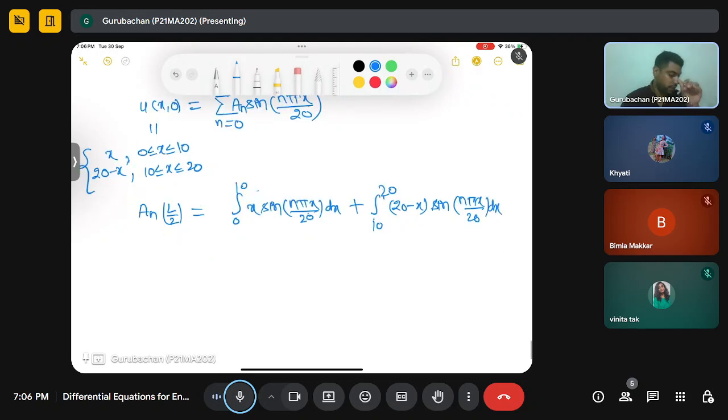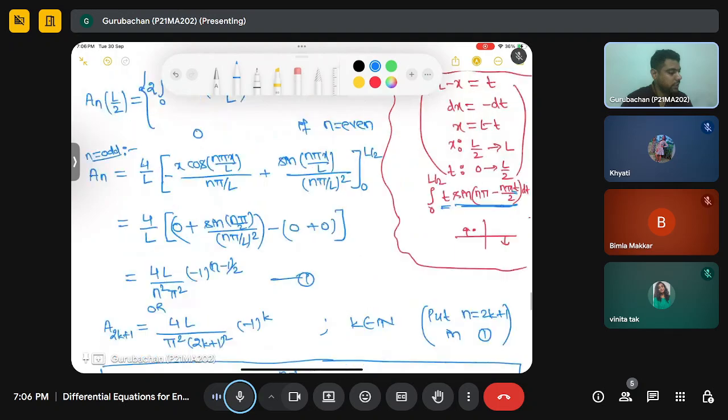If you observe here, this a_n is nothing but like the previous case. So these two values are equal when n is odd, and the addition of these two will be 0 when n is even. Let me just quickly write this. So this is for n odd, and when n is even. It was a positive sign in the previous case also.